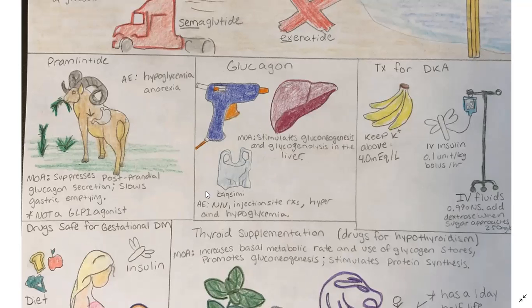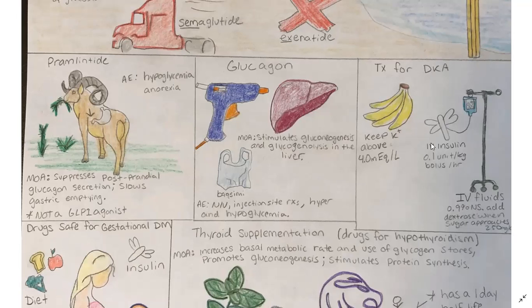Drug names are Beximi, brand names. Adverse effects, not shown in the picture, are nausea, vomiting, injection site reactions, and hyper- and hypoglycemia. To remember injection site reactions, you could think that this glue gun looks like it's about to inject the liver with something. That might help you out there.